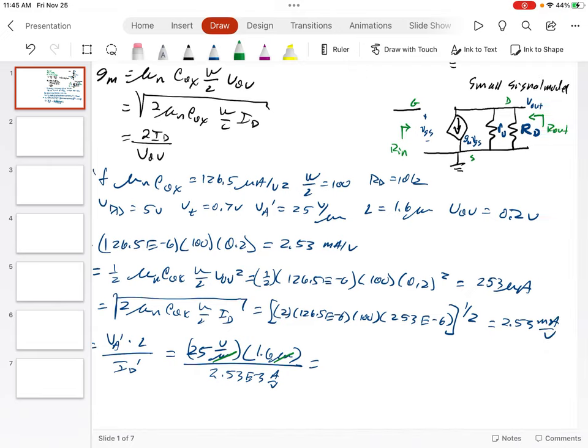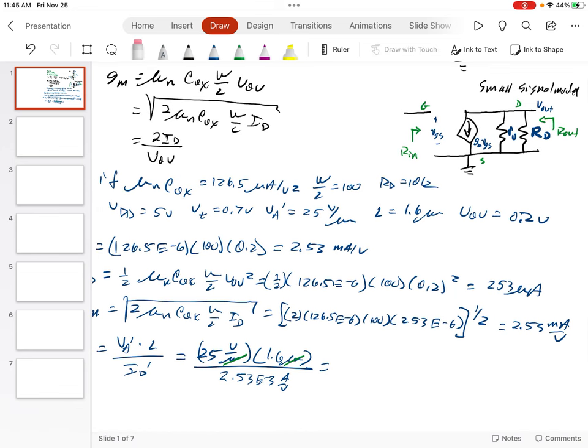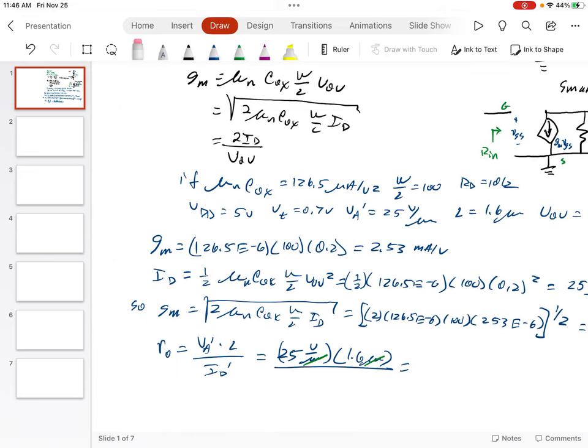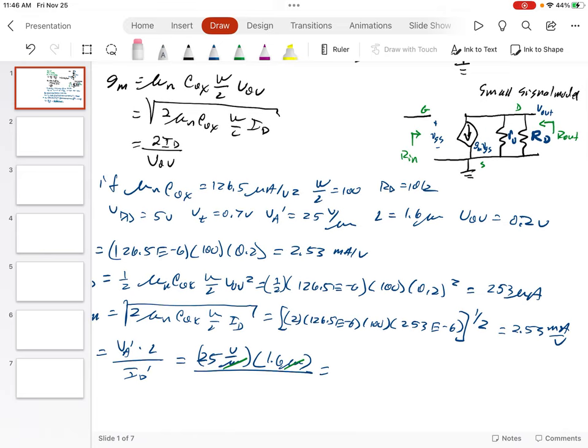I put in the wrong value here. I put in GM, but I need the current here, which is 253 microamps. So I should pick some different values so I don't get exactly the same number. 253 e to the minus 6 amps. Okay, now it's going to work right. And we put those in, we get 158 k ohms.